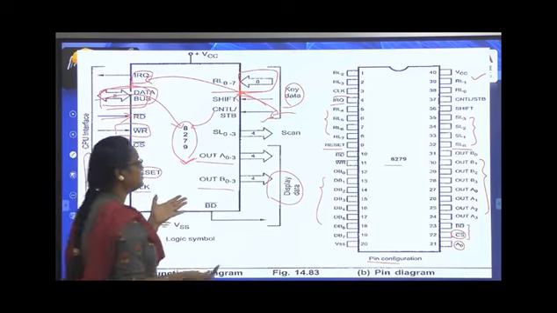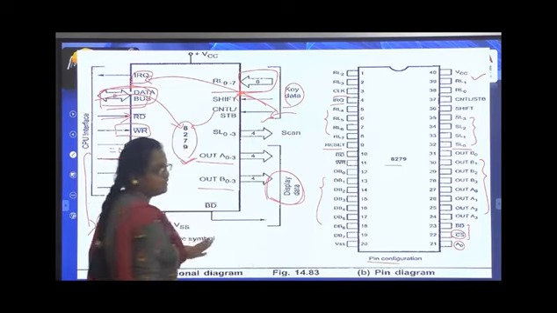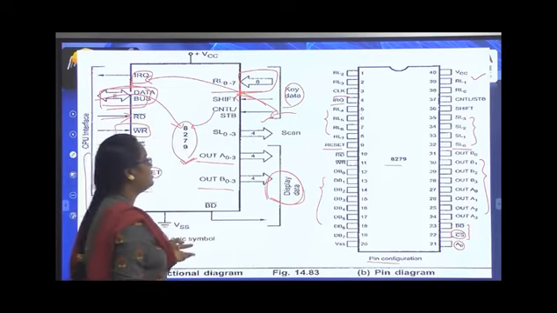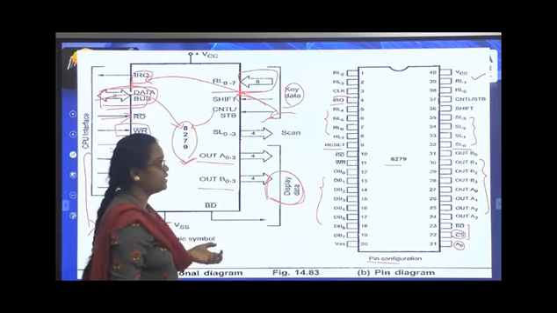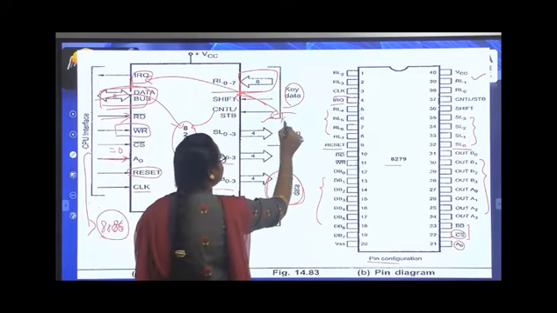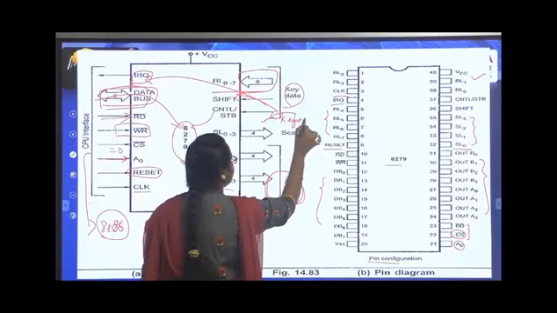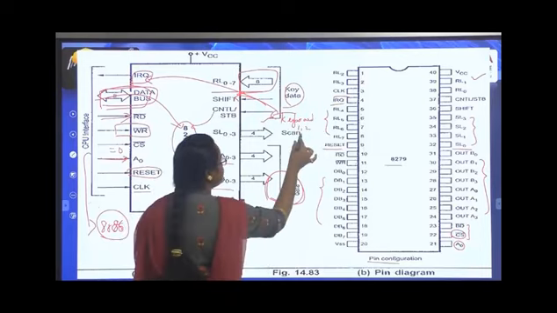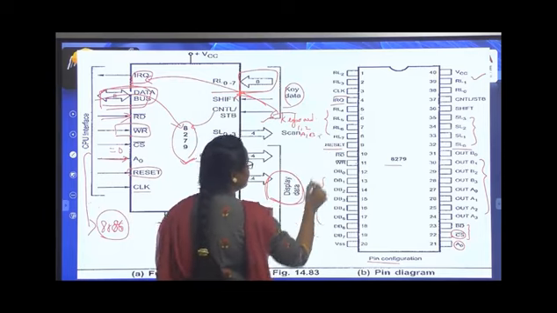Then the 8279 gives the display output. We already use a keyboard daily, by pressing 1, 2, or A, B, C, whatever inputs we give.